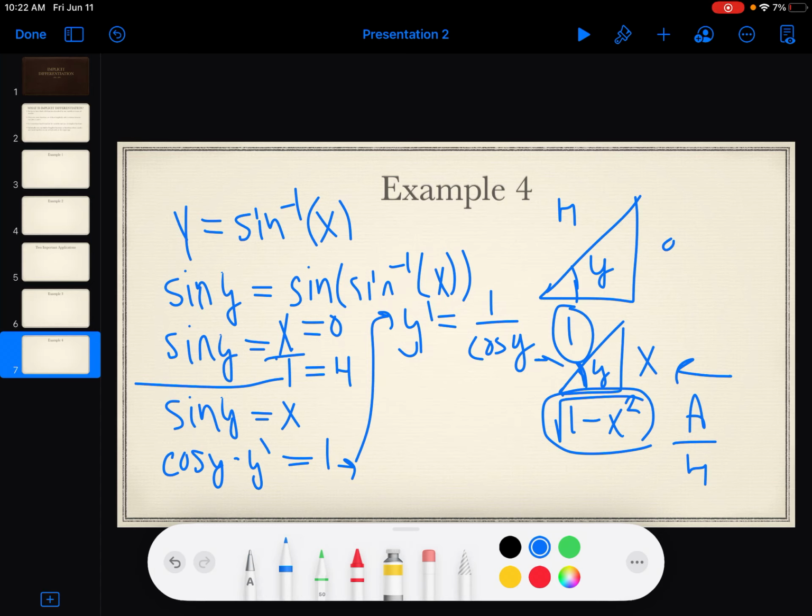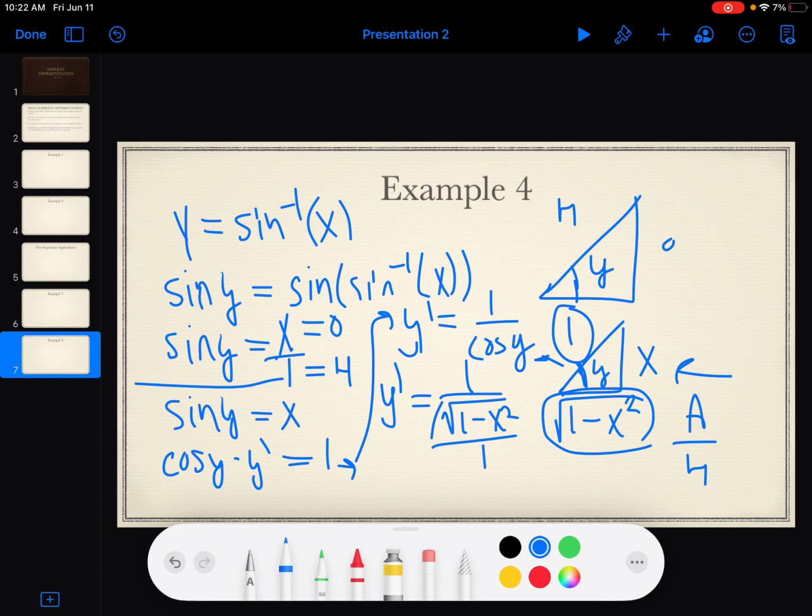So let's substitute that into the equation. y prime is equal to 1 over the adjacent divided by the hypotenuse. The adjacent side is the square root of 1 minus x squared, and the hypotenuse is just 1.